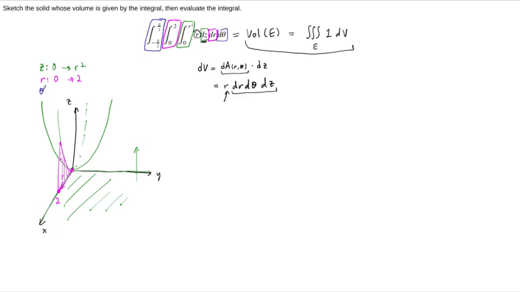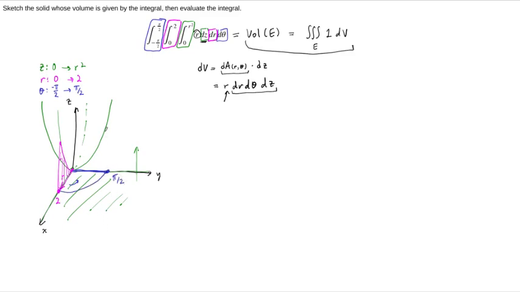This one says that theta starts at negative pi over 2 and varies to positive pi over 2. Theta is measured in the usual sense, from the positive x direction to the positive y direction. It starts at 0, and it's measured up this way. So the angle in the direction of the positive y-axis is positive pi over 2.